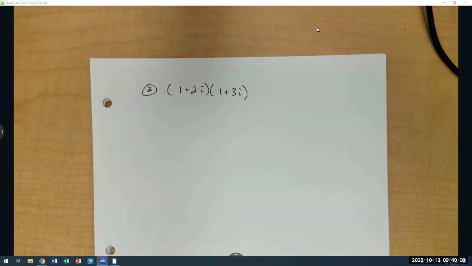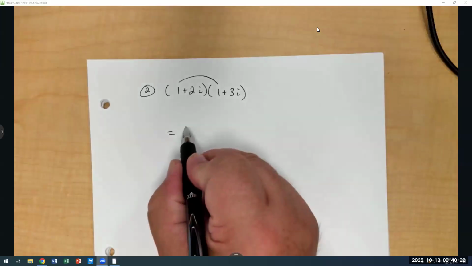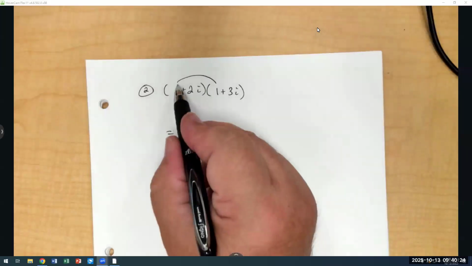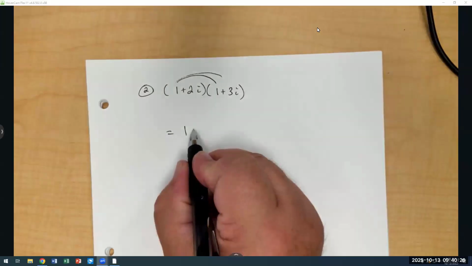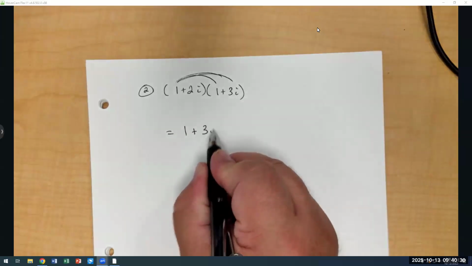Or not solve, but simplify. Yeah, just multiply them together. 1 times 1 is 1. Positive times positive is positive. 1 times 3i is 3i.